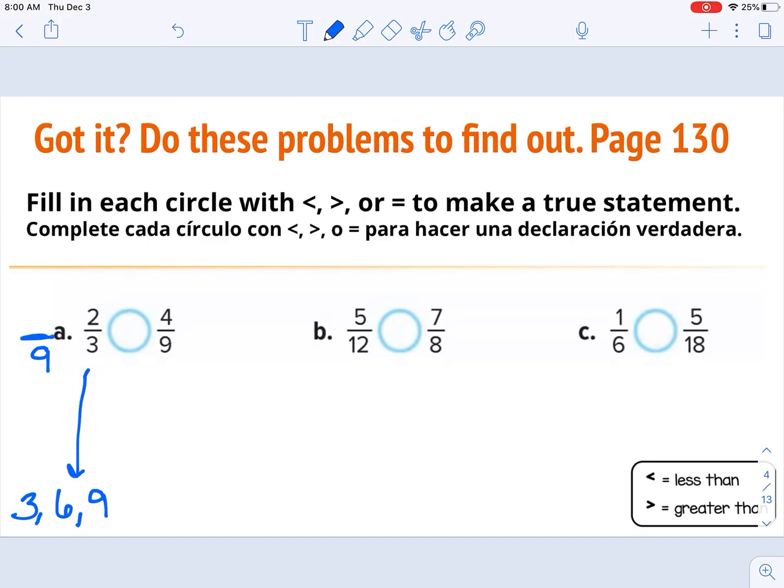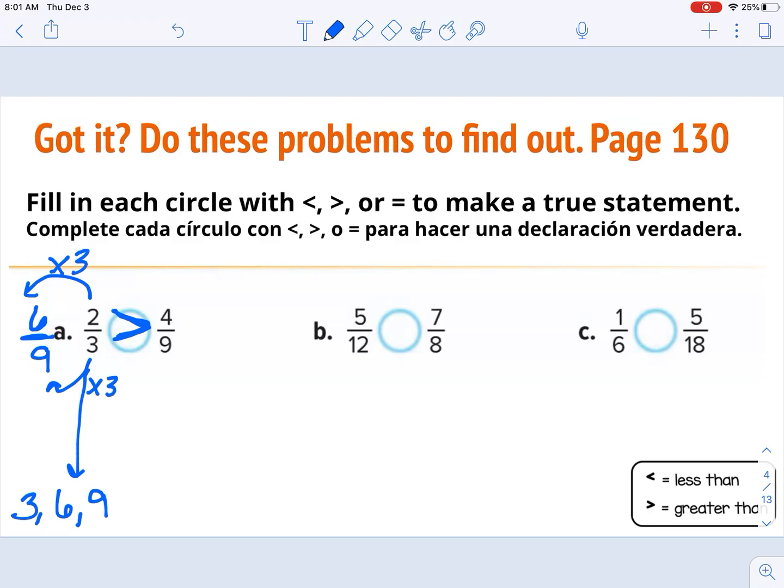To get from 3 to 9, I need to multiply by 3. So I'll have to do the same thing to the top. 2 times 3 is 6. So on the left, I have 6 ninths, and on the right, I have 4 ninths. And I know that 6 is bigger than 4, so this one is going to be greater.